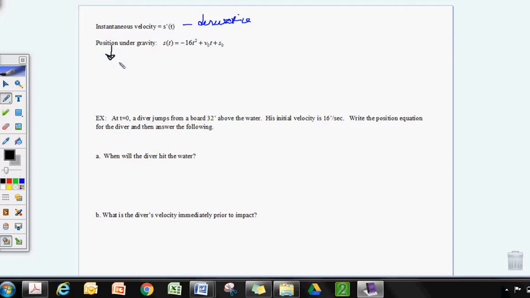Position function, you guys know, is your height. What do you guys know? V of O is your initial velocity. I assume that you guys have seen that in science class before. And then your S of O is your initial height.